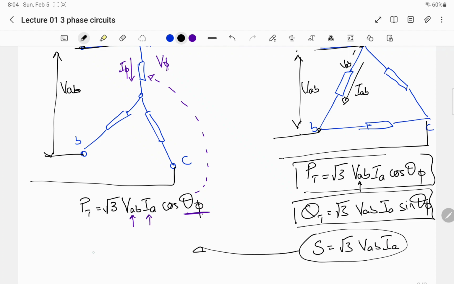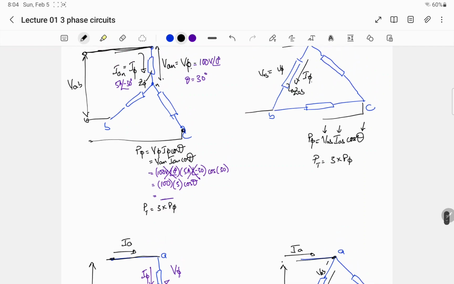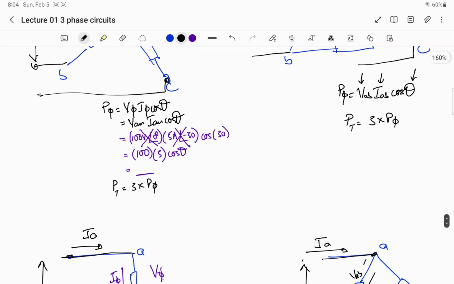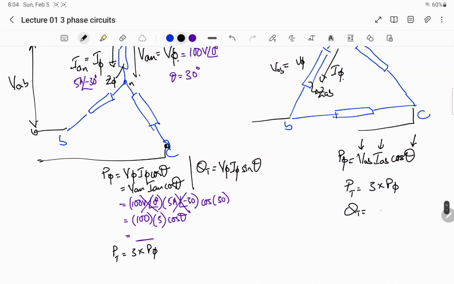Same goes for here, for QT also, and for ST. And when we have used per phase equivalent, the same formula also exists for QT, V phase, I phase, but sine of theta. And this was for Y case, and similarly for this delta case also. QT, we have the same VAB, IAB, sine of theta.